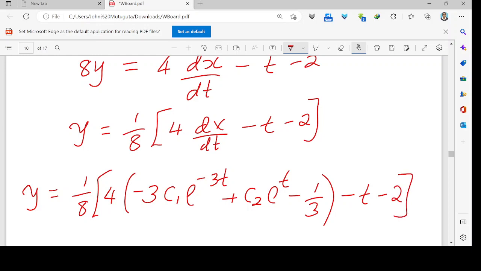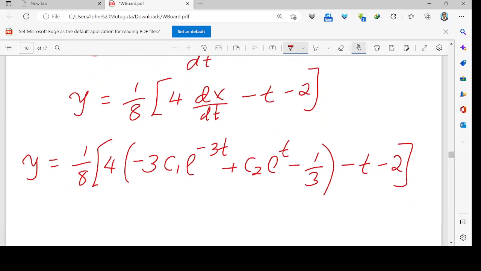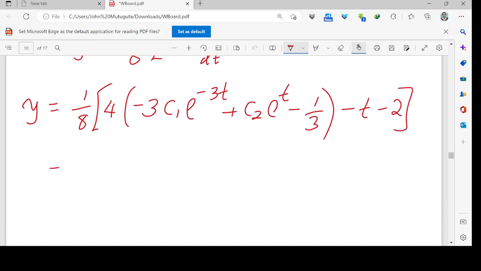If we simplify this, let me start with e raised to power negative 3t as we have here.